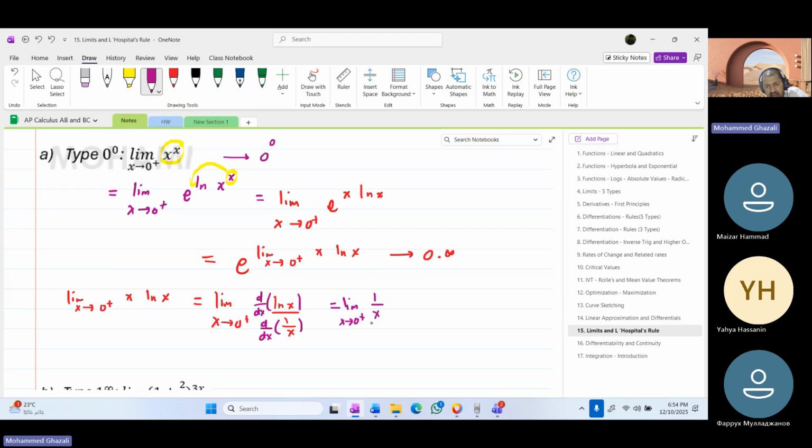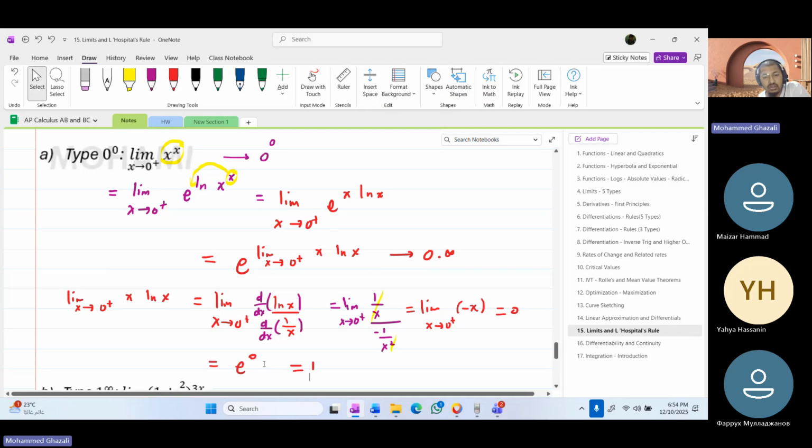The derivative of 1 over x is negative 1 over x squared. And remember, we canceled that one out with that one, and we move the x up. The answer is just 0. So this implies the answer is now e to the power 0, and what's the answer? 1. Are we good?